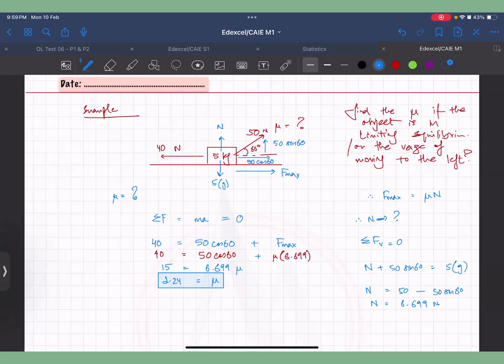Wait, sir, I have a doubt. When is the mu 0.7 or a constant value? Didn't you say it wasn't constant? Constant means constant according to the question. If you have a particular type of object and a particular type of surface, the coefficient of friction between them would be a constant.